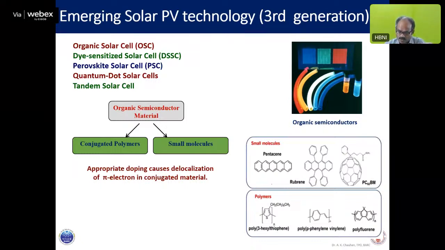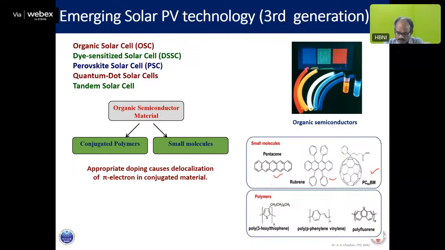These are some examples of organic semiconducting materials. There are actually plenty, but some of the components which are very commonly and widely used, in the case of small molecules, are pentacene, rubrene, and PCBM, PC61BM also, and there are so many in this category.